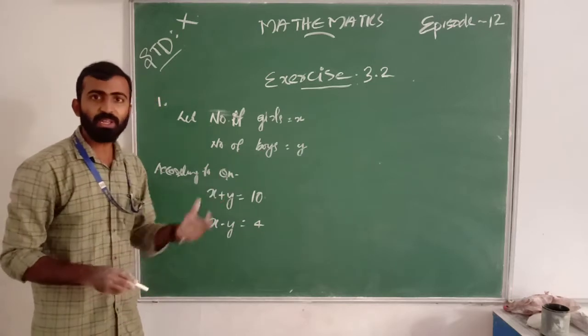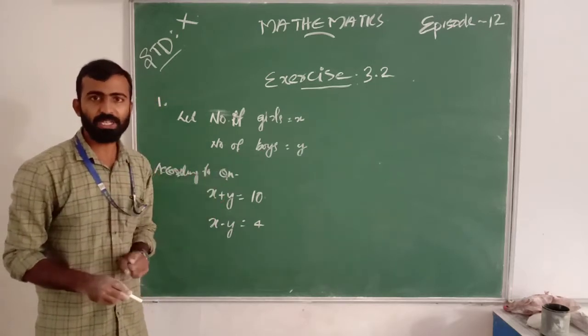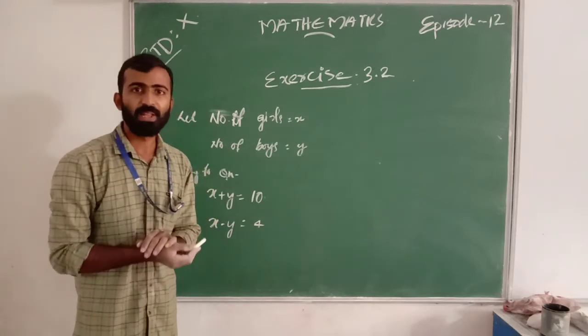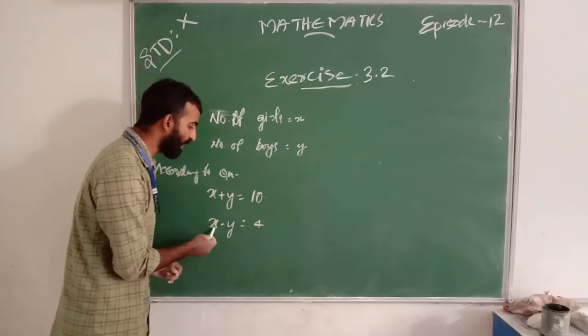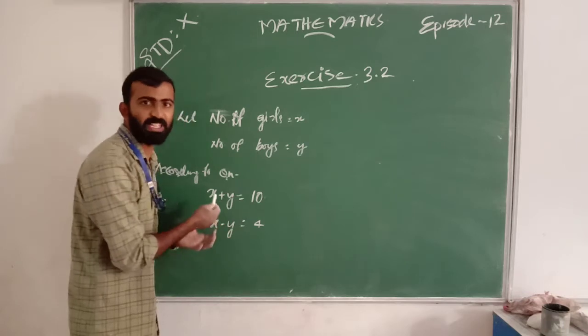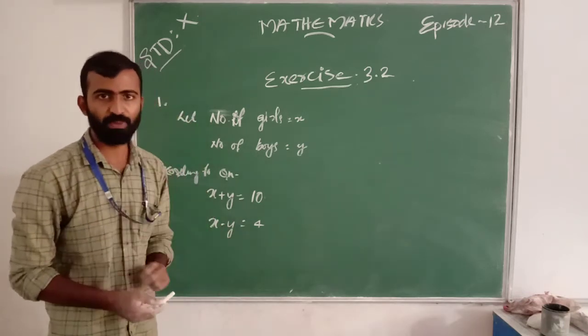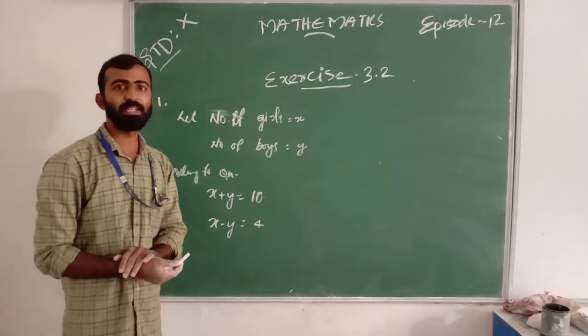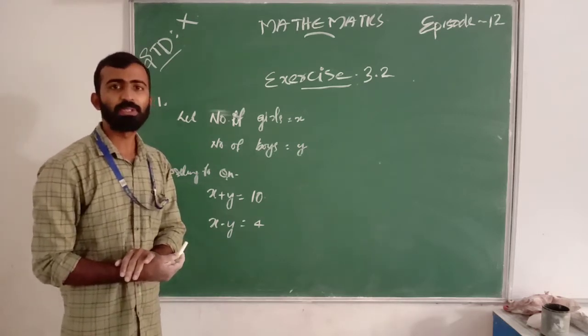And there is one more condition: girls are 4 more than boys. That is, when we take the difference of the number of girls and number of boys, we get 4. Any doubt?